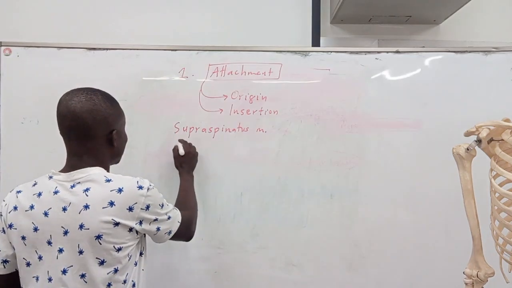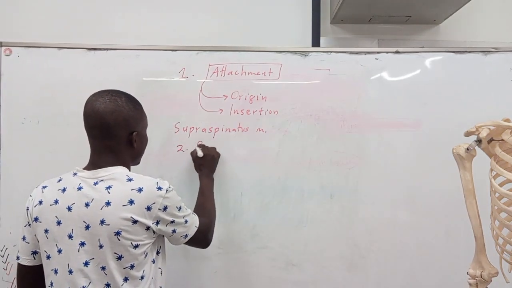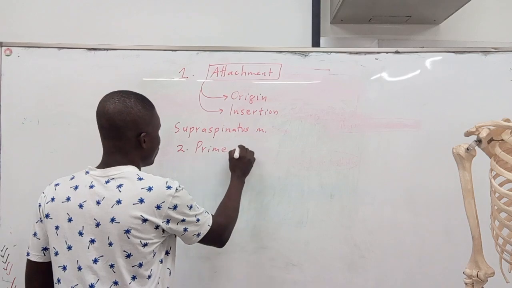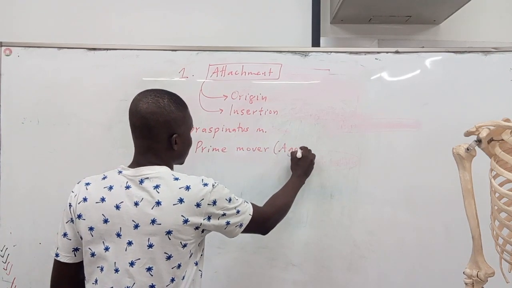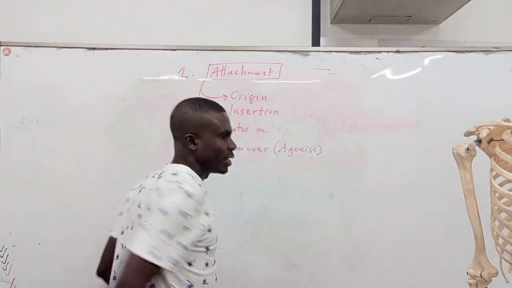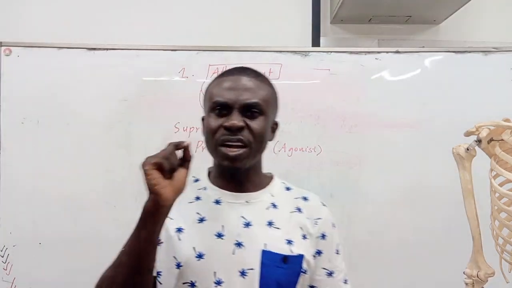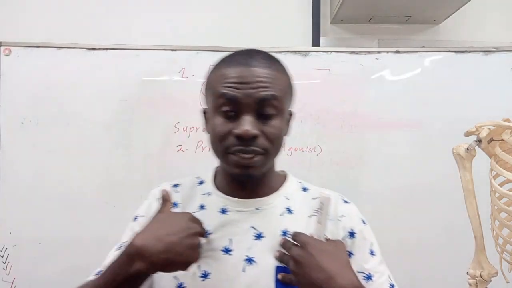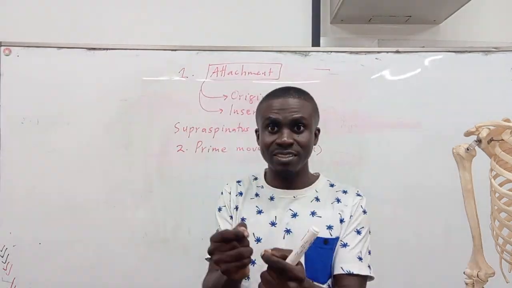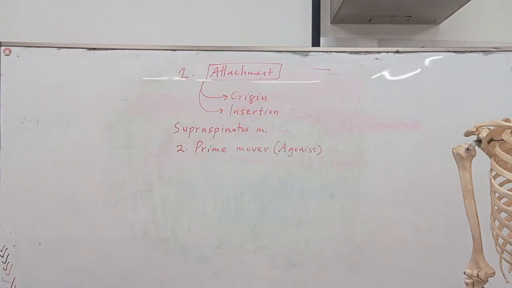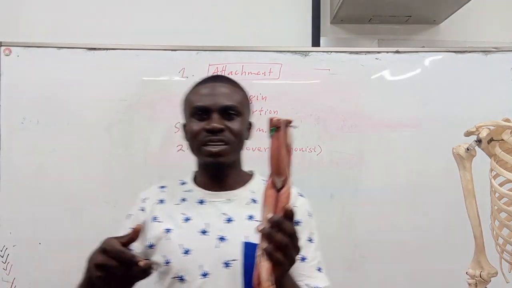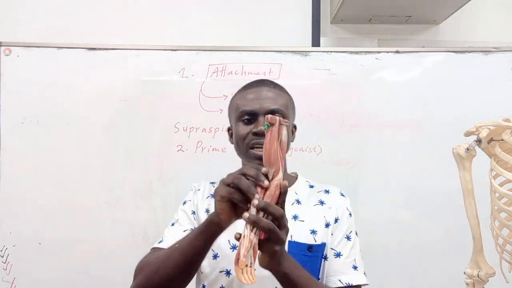Now the other one is that we have something we call prime mover, something we also call agonist. If there's a particular desired movement that I want, for instance, this muscle, I'm looking at the upper limb.